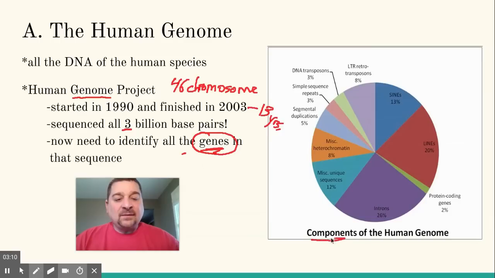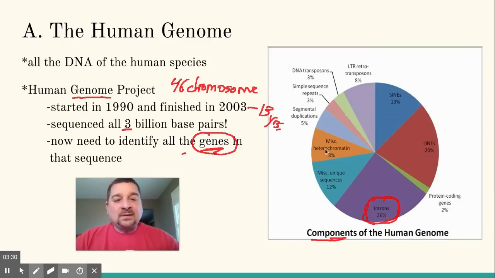Over here you see a pie chart of what we think are the different parts. There's some technical language in here, but a couple you might notice. About a fourth of the DNA we think are introns, those in-between sequences that are edited out during mRNA editing.